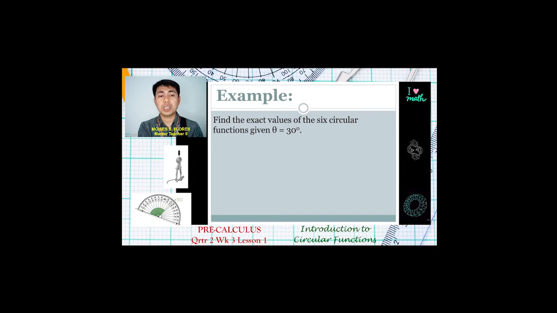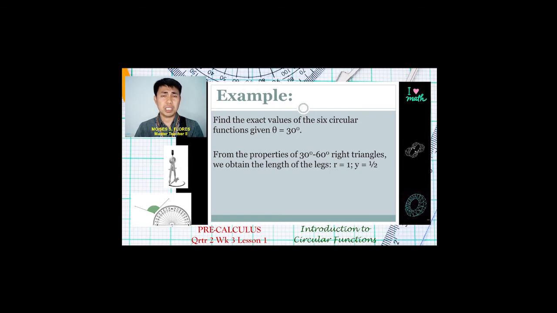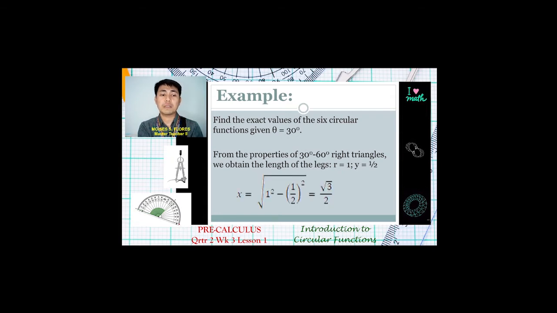So for 30 degrees, as we are going to illustrate this from the properties of the 30, 60, 90 right triangles, we obtain that the length of the hypotenuse, r or radius, is 1 unit, and of course the value of y is 1/2. Substituting it in our equation, we have 1 squared minus the quantity 1/2 squared. So therefore, we have square root of 3 over 2.